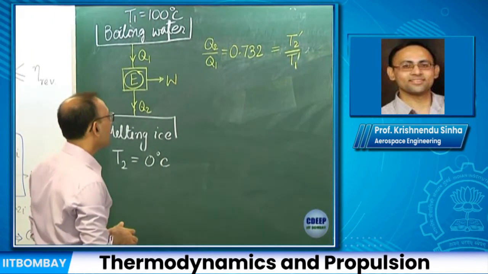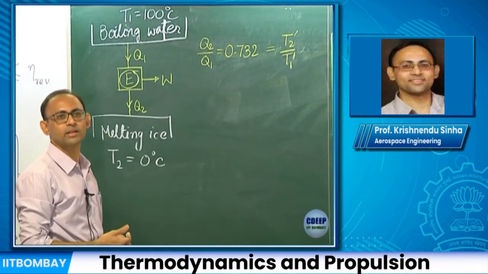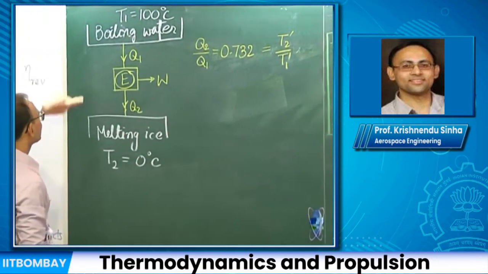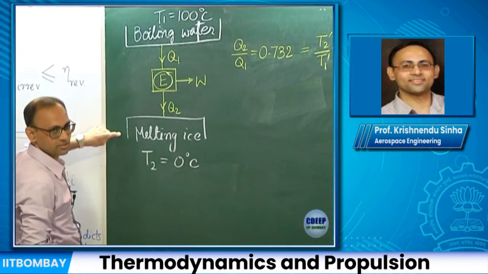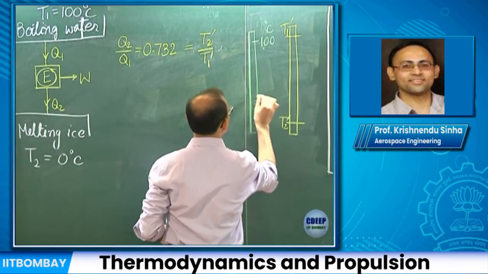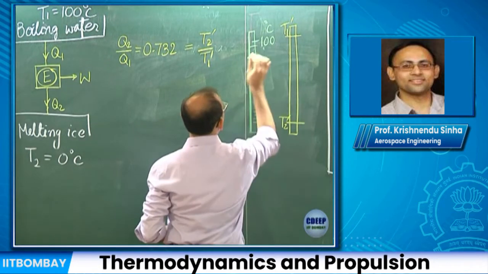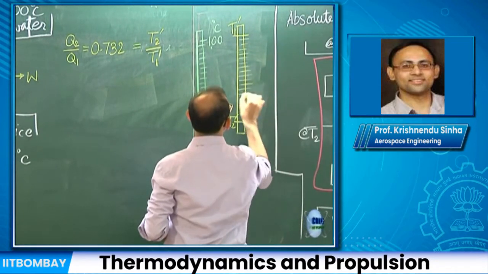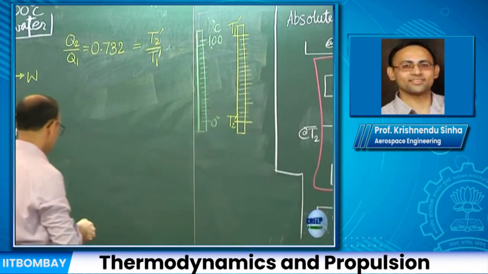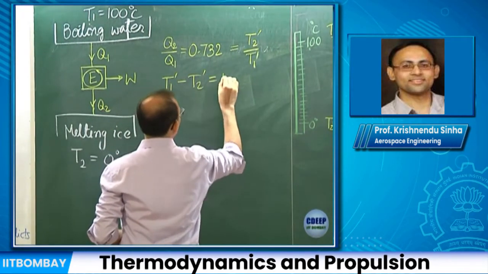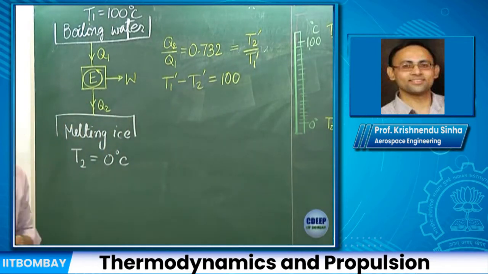Then I would say, okay, now what? I need one more equation, one more relation to fix the temperatures. So I will say, what if I want 100 subdivisions between these two markers? Because we have exactly 100 divisions here, I want the same number of divisions here. So that makes T1 prime minus T2 prime equal to 100. And now it's trivial to calculate T1 prime and T2 prime.